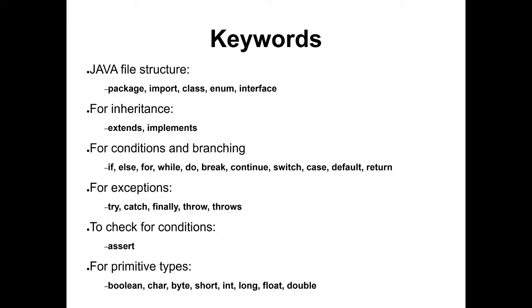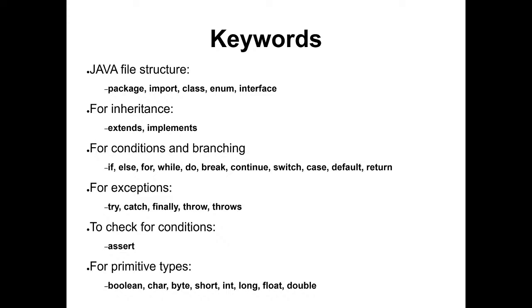For exceptions we have try, which is the start to catch the exception. Then there's a catch statement which catches the exception. Finally is also a part of the try-catch statement. We'll talk about it in this topic. Then throws, if you throw the exception.